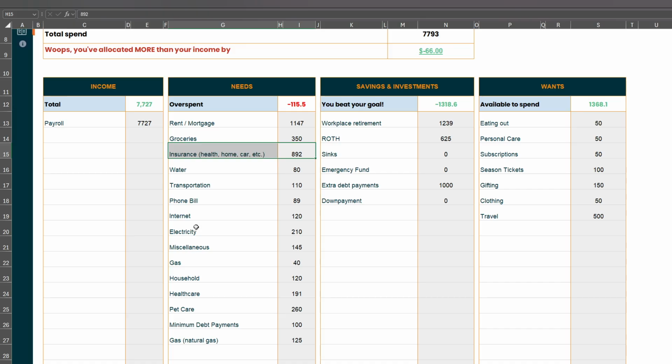Because when I retire, I'm just not going to magically not have insurance that is being contributed to by my employer. It's going to go away, but I would have to account for that.